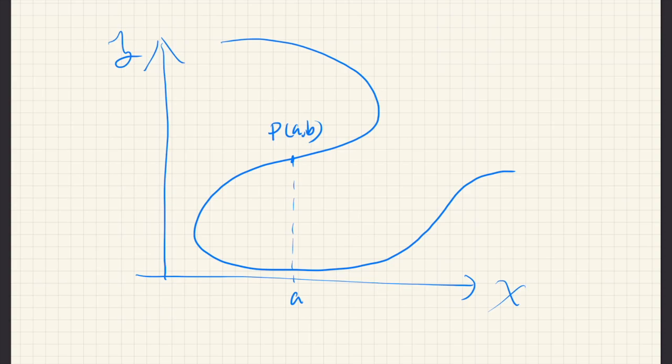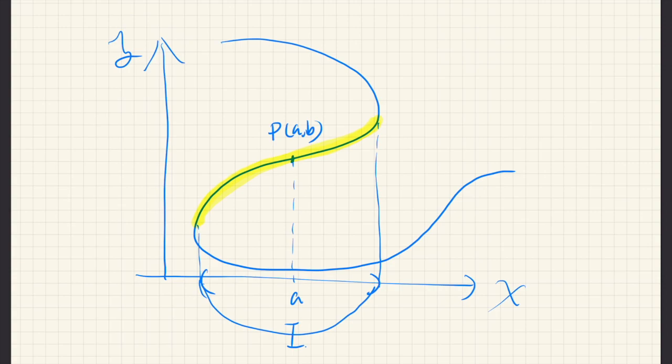So if we choose this part of the curve, then within this interval, let's name it as I. So this is the interval I. So within this interval, this yellow part can be considered as a function of x.